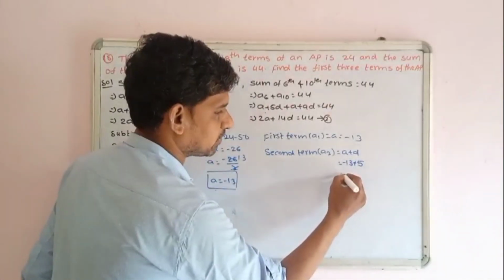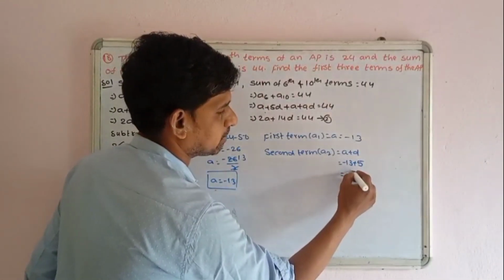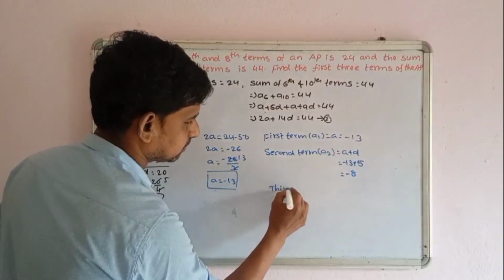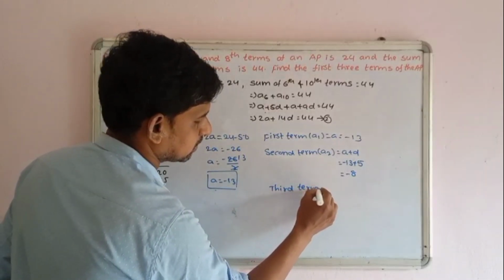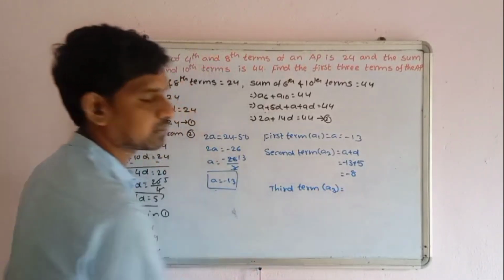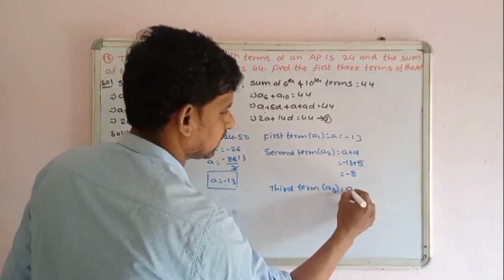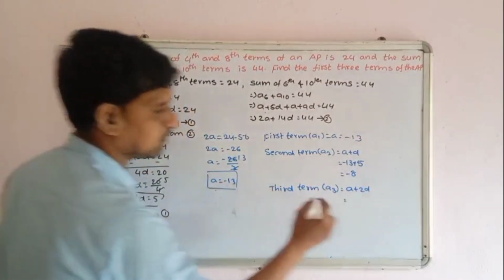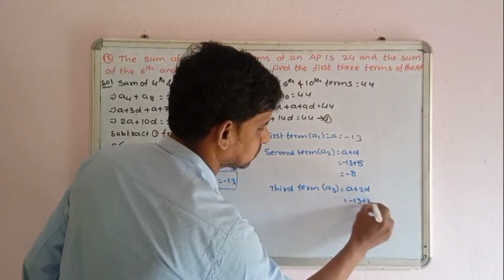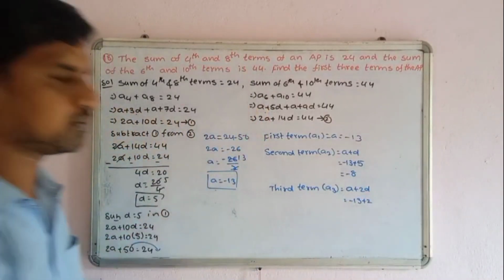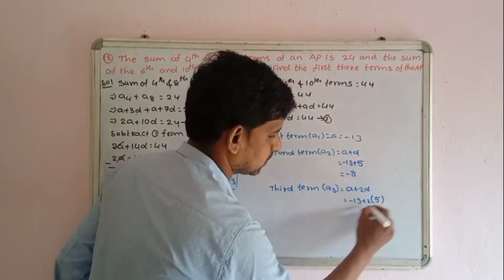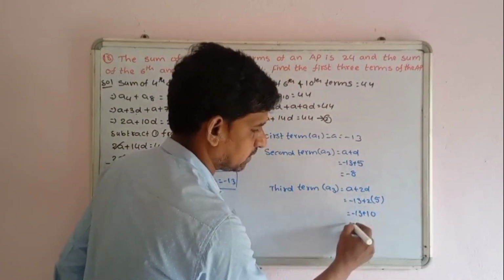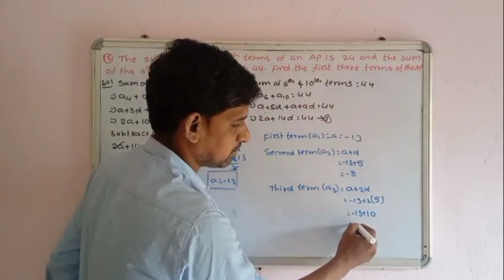Minus 13 plus 5 is minus 8. Next, third term A3 equals formula a plus 2d. So a is minus 13 plus 2, d value 5. Minus 13 plus 2 fives is 10. Minus 13 plus 10 is minus 3.